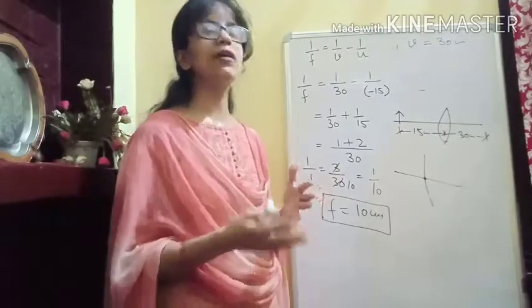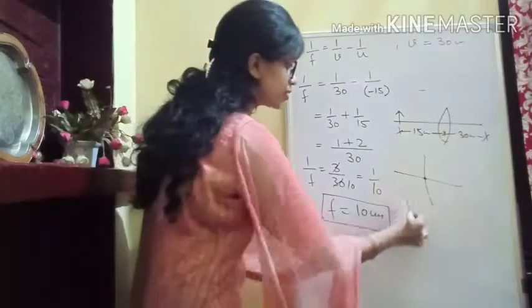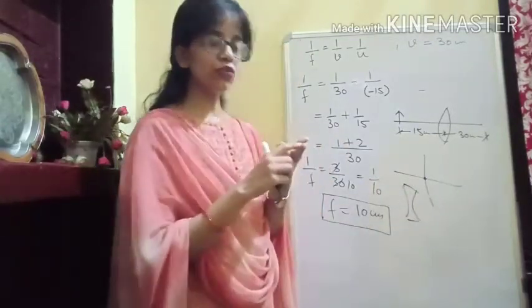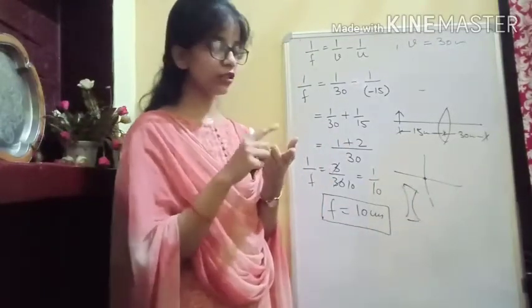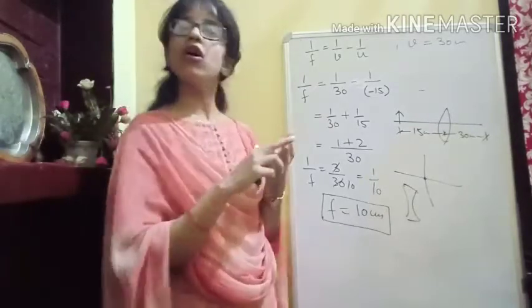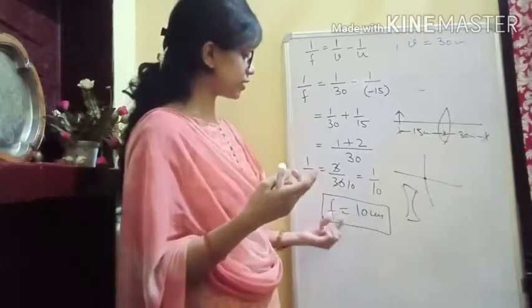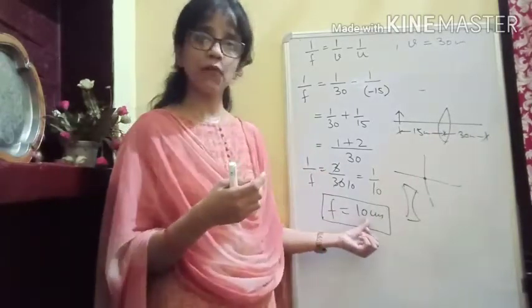In fact, you can remember it like this: for a concave lens, f, u and v. f means focal length, u is the position of the object, v is the position of the image. They all are negative, whereas in a convex lens, focal length is always positive.